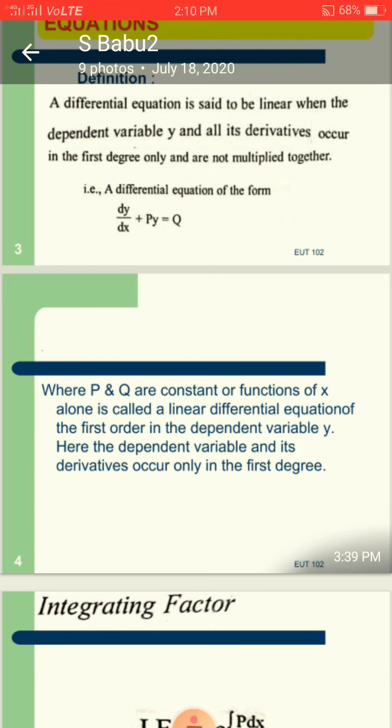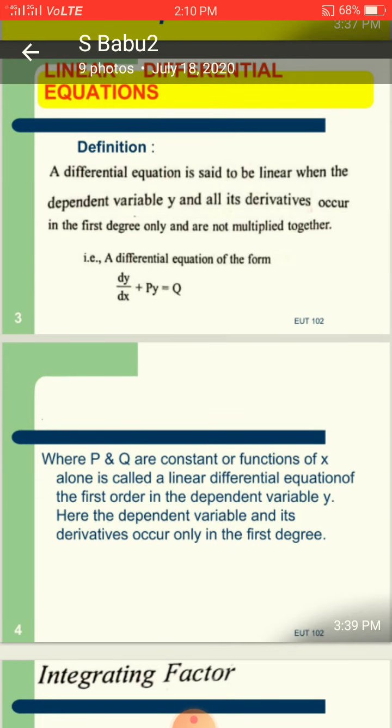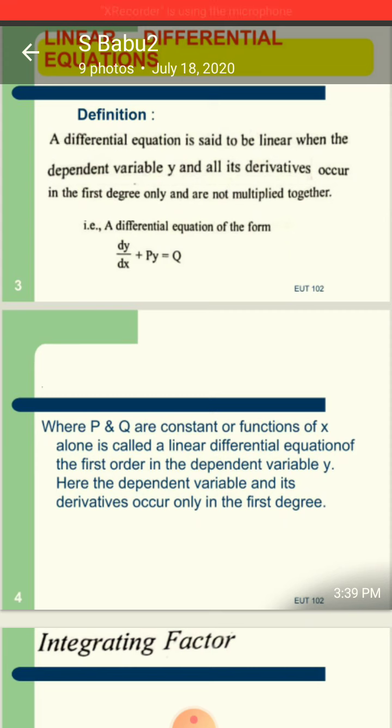After having those definitions, now we consider the linear differential equation. What is the definition of a linear differential equation? For that purpose, we take a differential equation in the form dy by dx plus capital P y is equal to capital Q. Here, the order of the differential equation is 1, and the degree is also 1. Here capital P is a function of x, and capital Q is also a function of x.